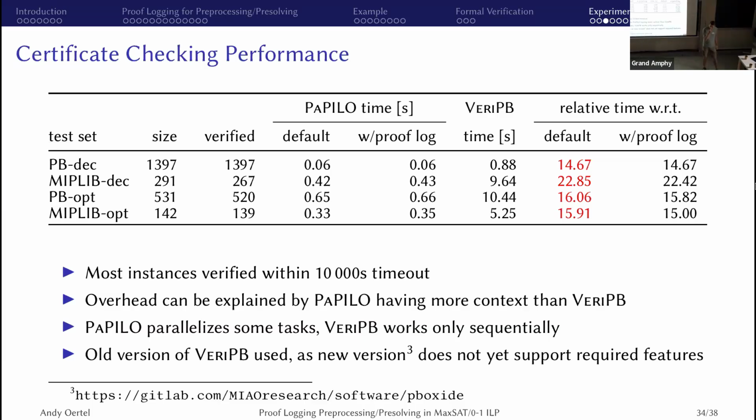Yeah, Florian. Are these typical runtimes for Papilo? So will it always finish within a second, or otherwise you won't preprocess the formula? No, those are typical runtimes. In that case, waiting 20 seconds for your result is not that bad compared to probably the rest of the solving. No, exactly.